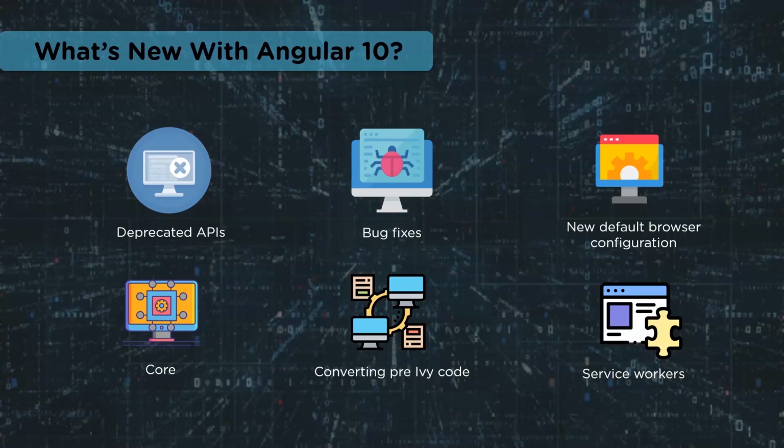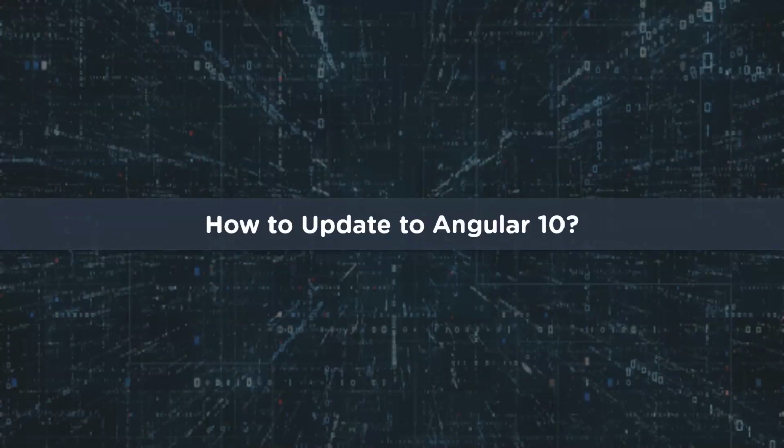Well, if you've worked extensively with Angular over the past couple of years and have now updated to the new version, then these improvements are way more visible. So for the ones who haven't updated, let me tell you how to update to Angular 10. Go back to your command prompt and run the command ng update @angular/cli @angular/core.